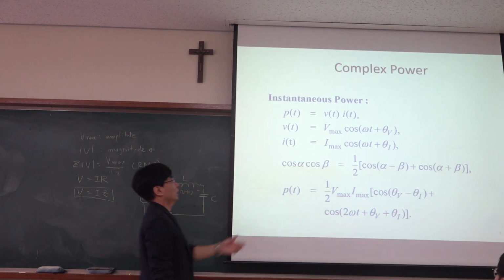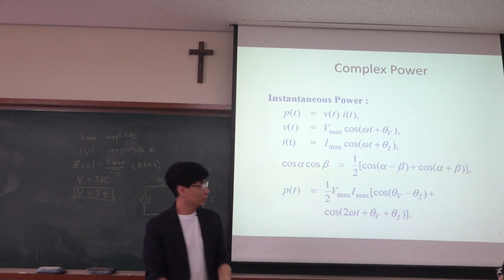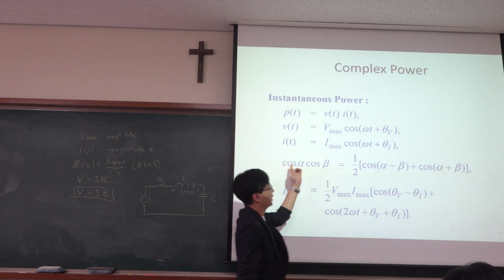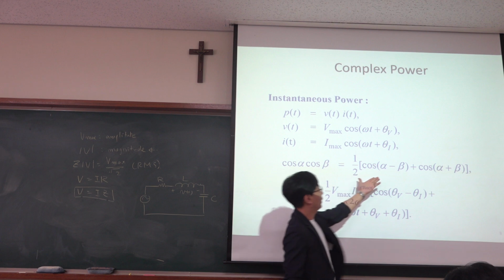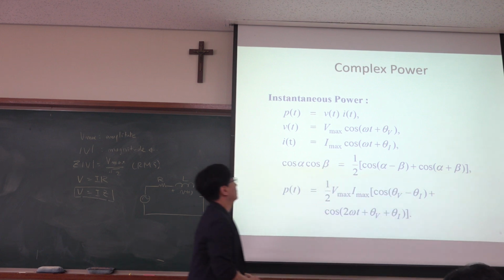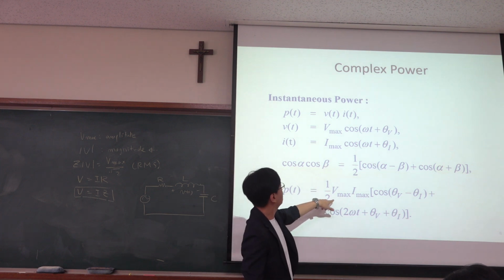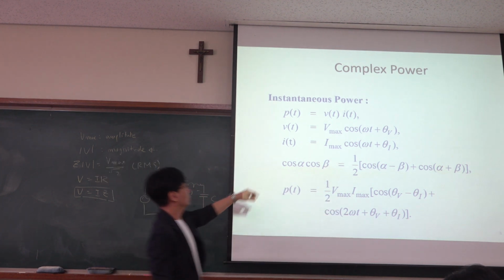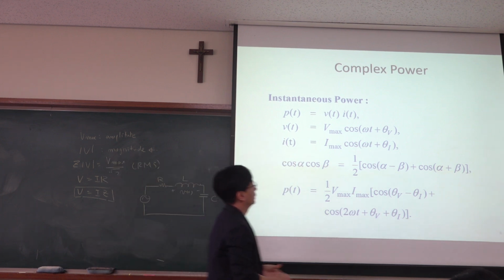And using this formula, cos A times cos B, right? You know that, the multiplication of two cosine terms gives you that formula. So just plug in and you get 1 over 2 V max I max.